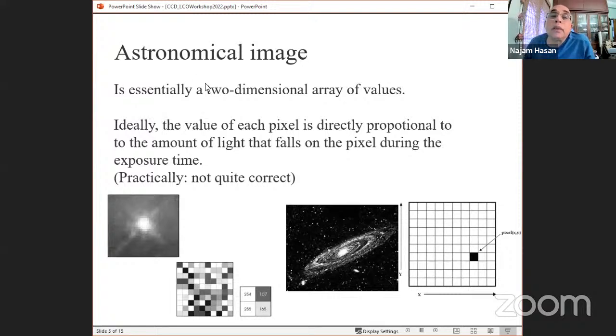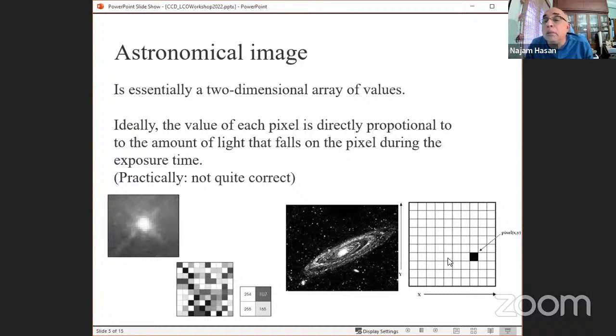So astronomical images are essentially two-dimensional arrays of values. Ideally, the value of each pixel is directly proportional to the amount of light that falls on that pixel during the exposure time. But practically, that's not correct, because we will see that when you are recording light on a certain pixel or picture element, the sensitivity of each pixel will be different.